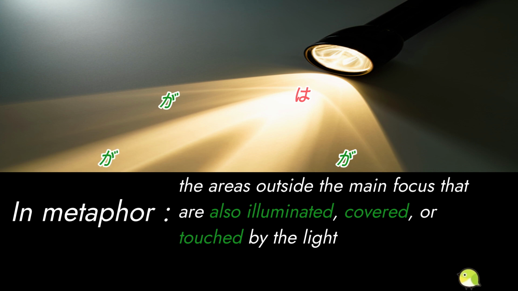The areas outside the main focus that are also illuminated, covered, or touched by the light are part of the details, but are not what you primarily want to illuminate. So, ga is a part of wa. Remember this. Ga is part of wa. It's very abstract and complicated, right?